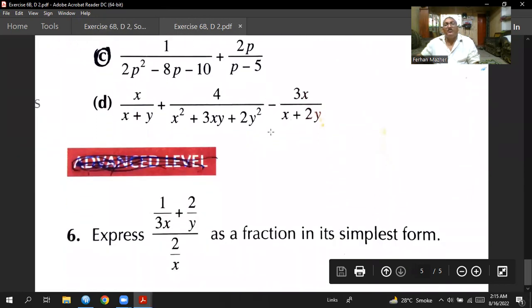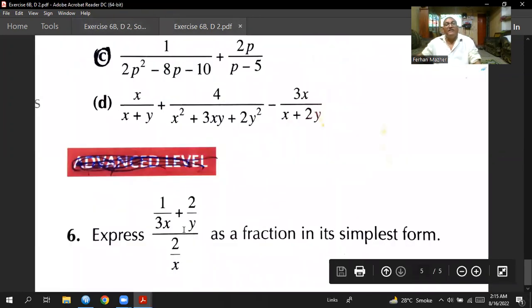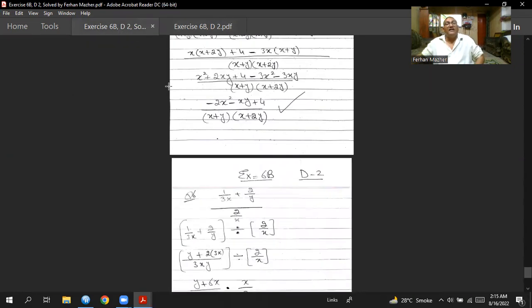Now we are going to the question number 6, which is the last question of this exercise. And you can see it is 1 divided by 3x plus 2 divided by y. This is in the numerator, and in the denominator, I have again a fraction that is 2 divided by x. So let me show you how this is done.